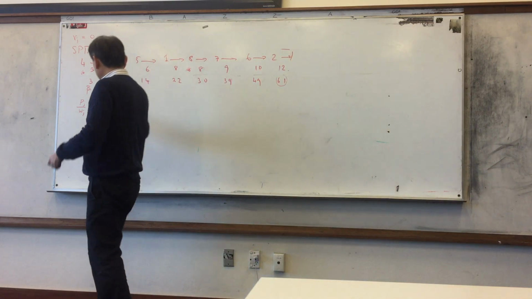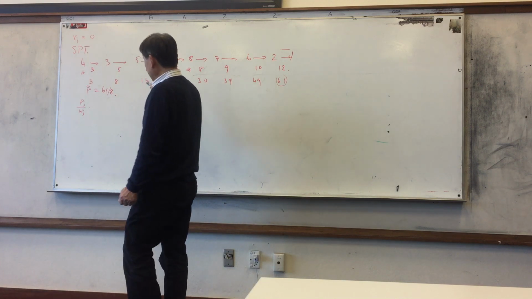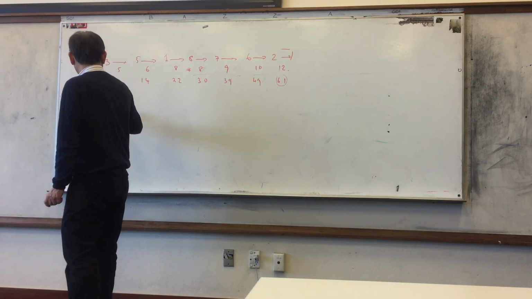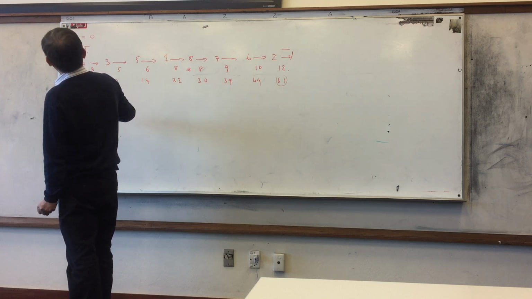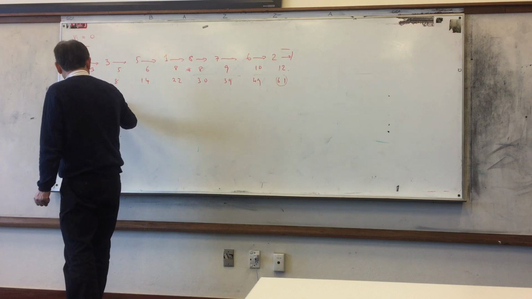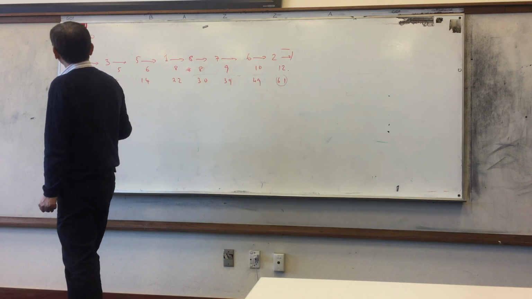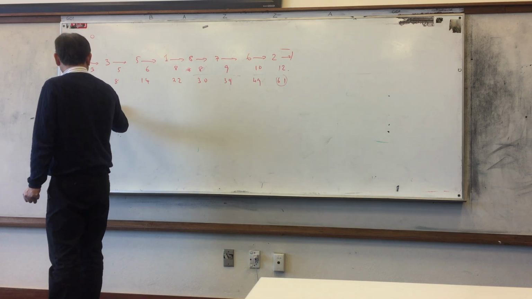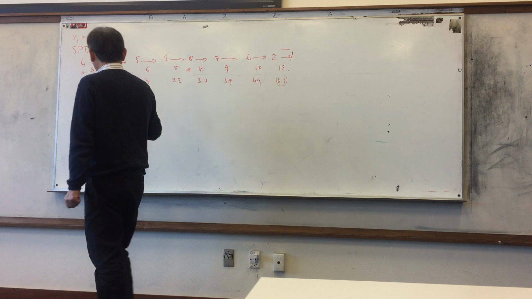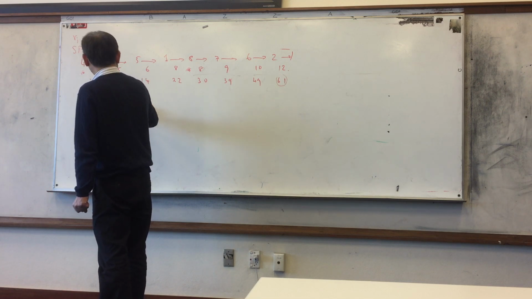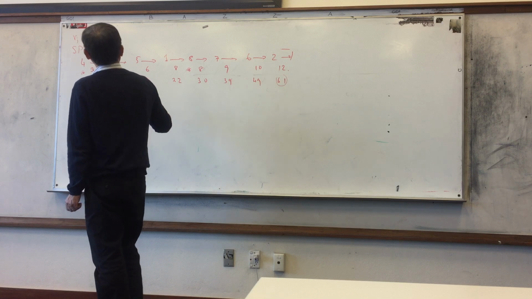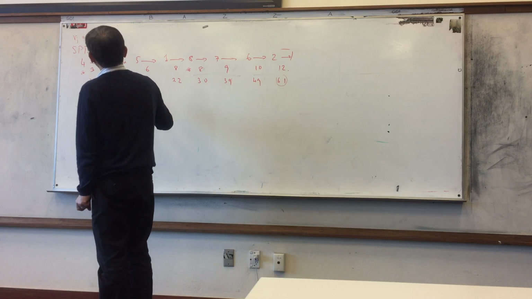So Pj by Wj. When j is equal to 1, we've got 3 divided by, what's the weight? 8, not 3, I'm sorry. So 8 divided by 4, this gives you 2. Now the next one is 12 divided by 1. And the next one, number 3, is 5 divided by 3.